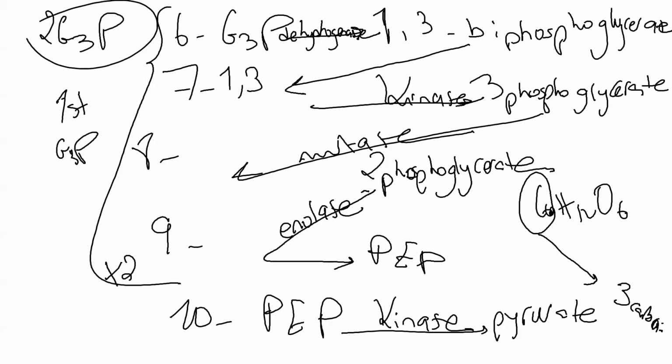So 2 G3P will be working here. This cycle happens 2 times, not just 1 time, because we have 2 G3P. So ending up with how many pyruvate? Since we double it, it ends up with 2 pyruvates. This is the main product of the second steps of glycolysis.